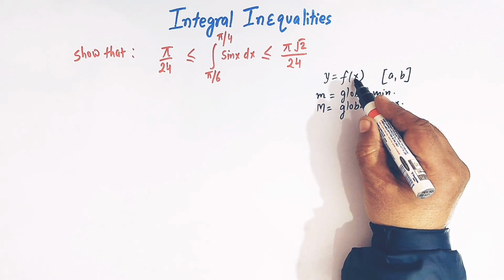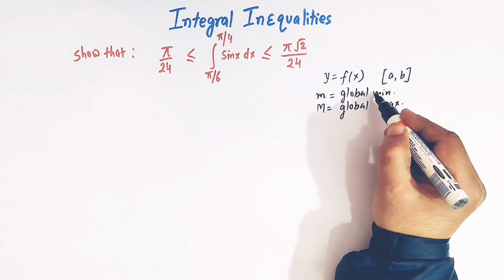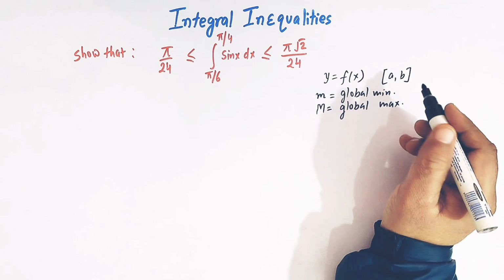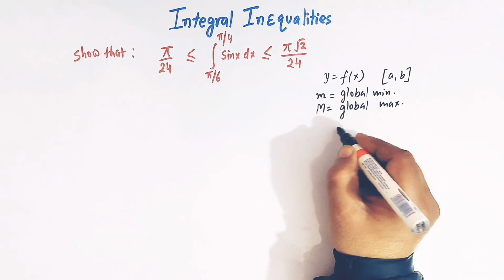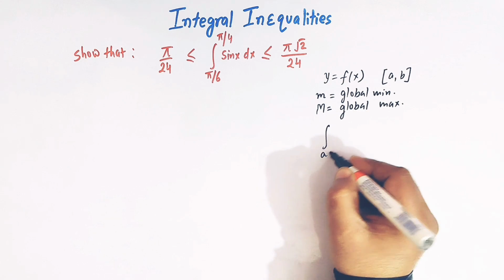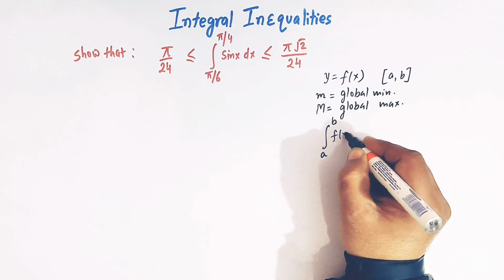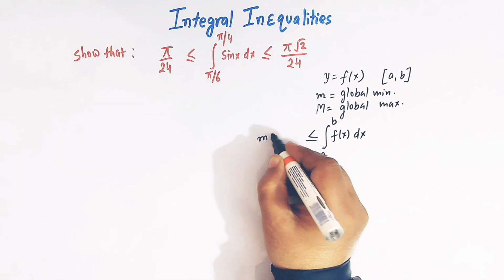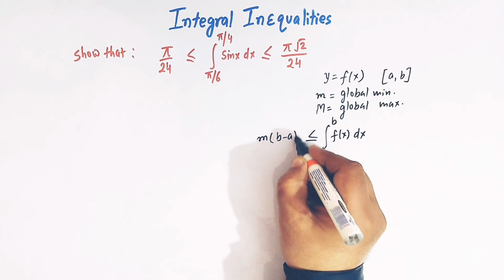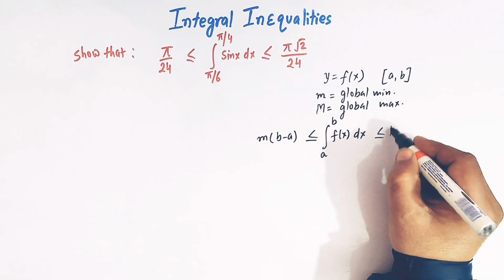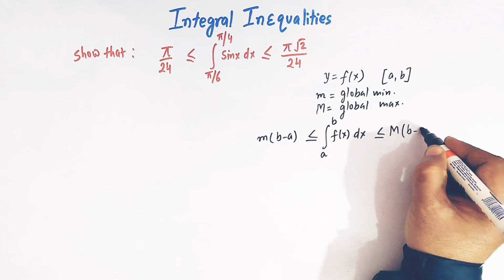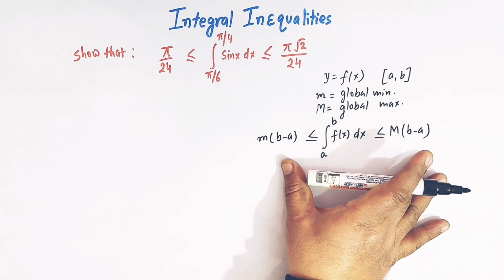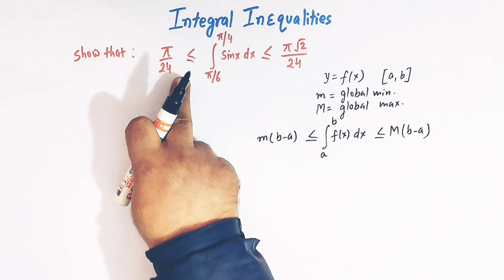So if this function f of x has small m as global minimum and capital M as global maximum, then this inequality holds, that is the integral a to b f of x dx is greater than or equal to m times b minus a, and this is less than capital M times b minus a, right? So this inequality shall be used to establish this one.